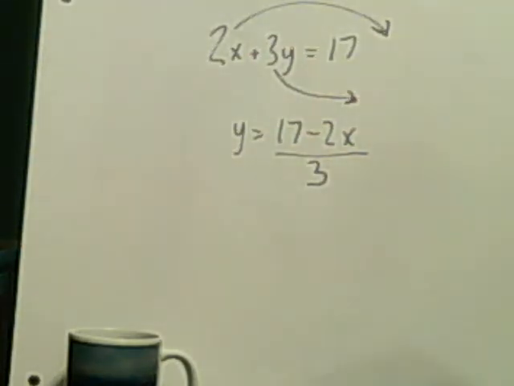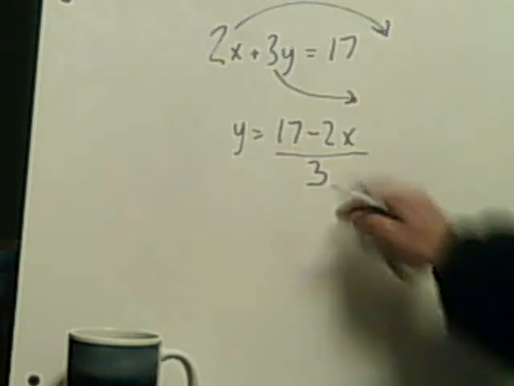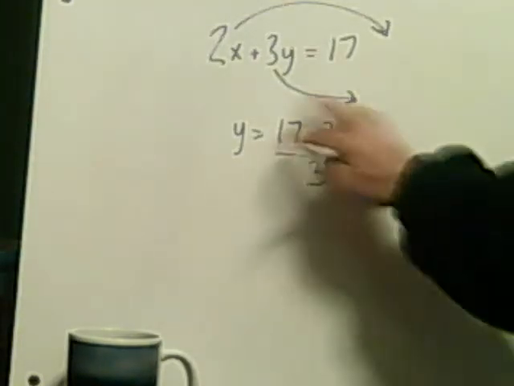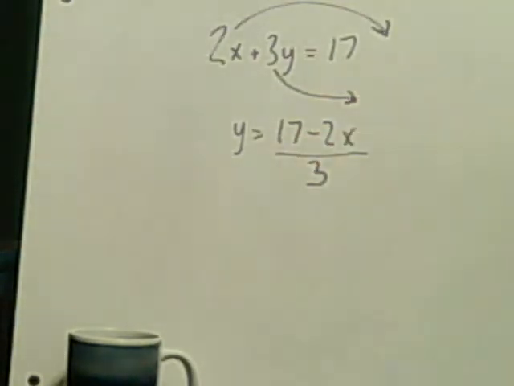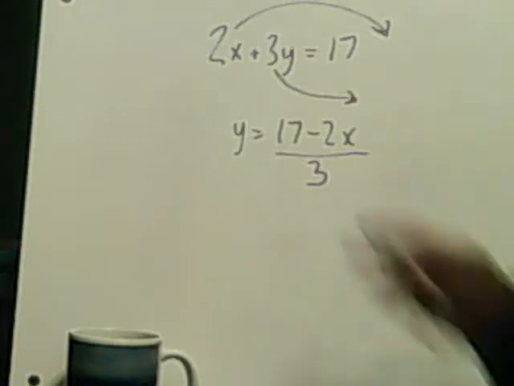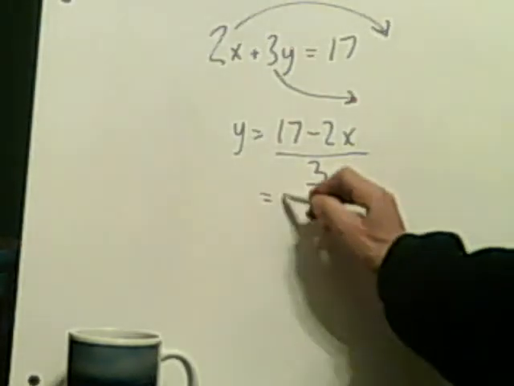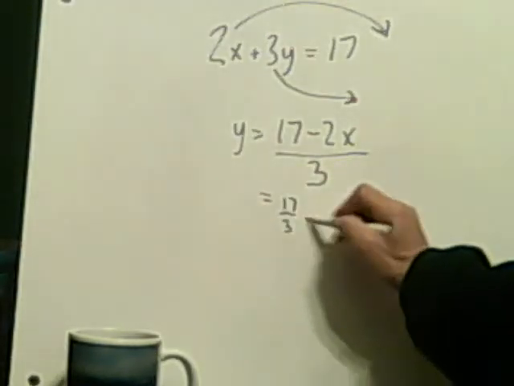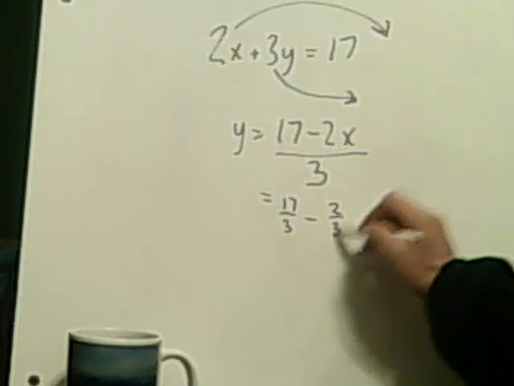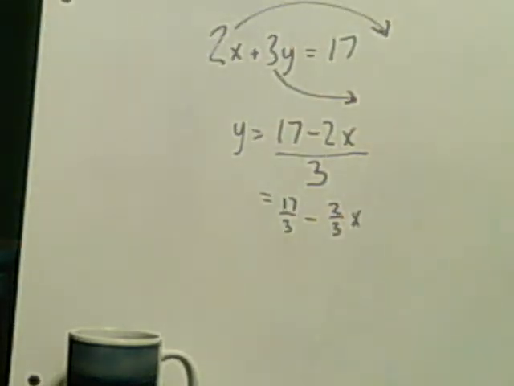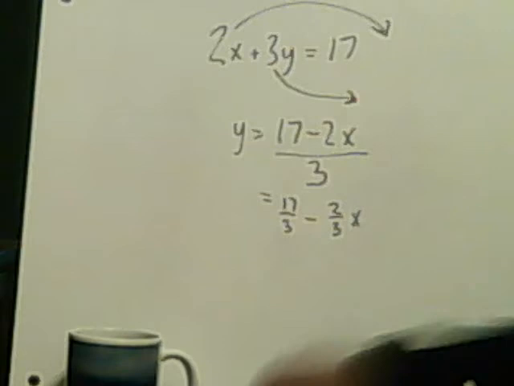Okay? You might argue that you want to somehow simplify this, but there's not really very much that could be done in simplifying it. You could write it as 17 thirds minus 2 thirds times x, but as far as I'm concerned, those are both perfectly acceptable answers.